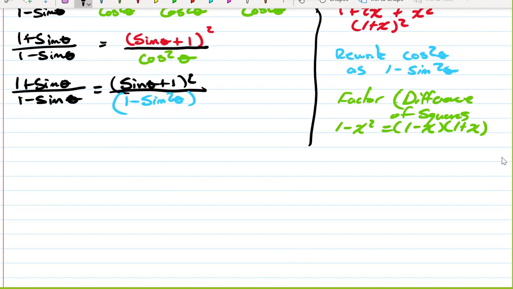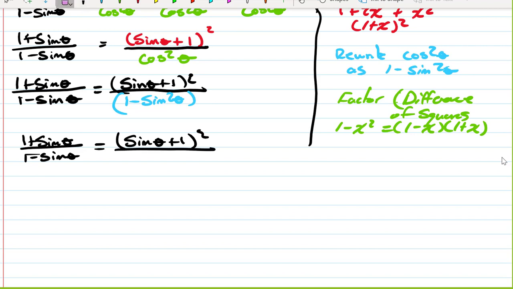And finally we get 1 plus sine theta over 1 minus sine theta is equal to (sine theta plus 1) squared over (1 minus sine theta)(1 plus sine theta). So finally, that reduces, and then we're done.